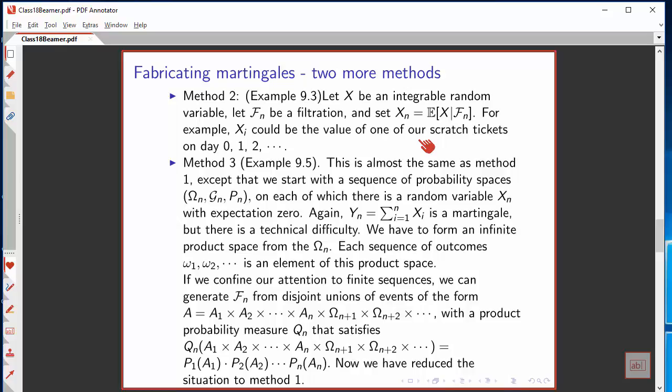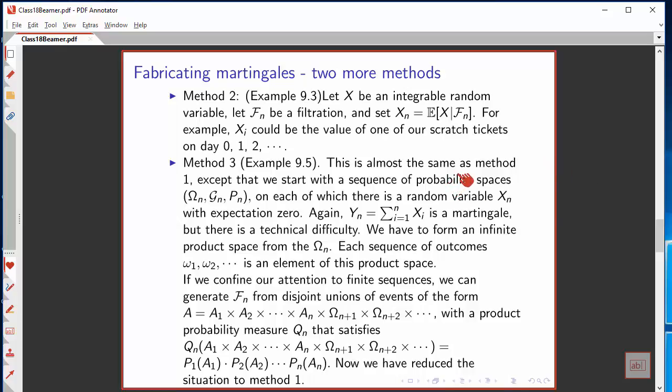For the Purcell scratch ticket, for example, x0 is the value on day 0, x1 is the value on day 1, x2 is the value on day 2, and we have already been using the martingale condition over and over again by saying that the value of this scratch ticket on day 1 is equal to the expected value on day 2 after the final scratch.